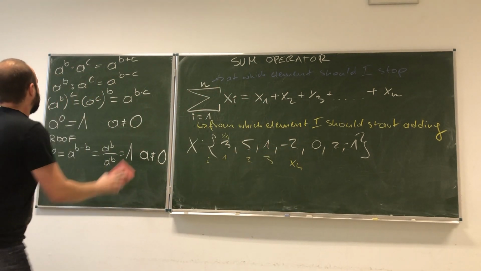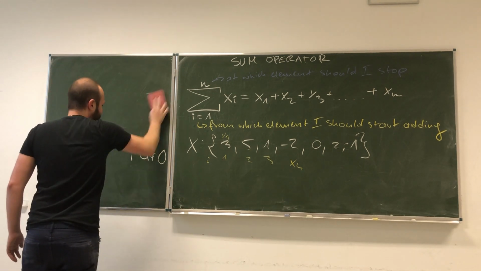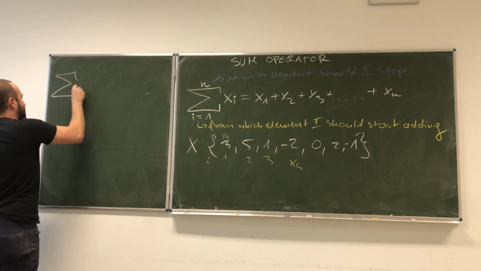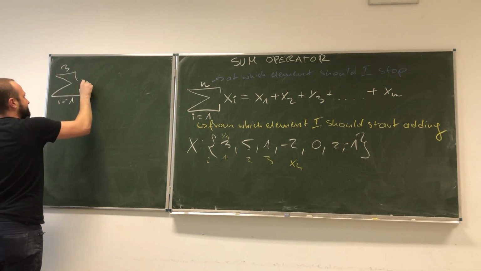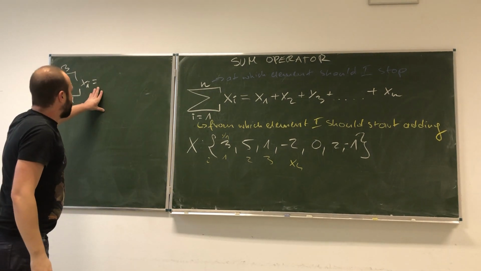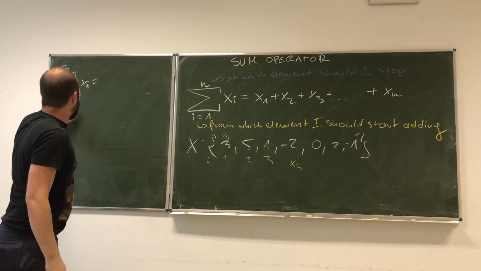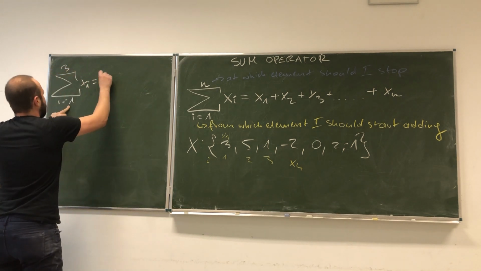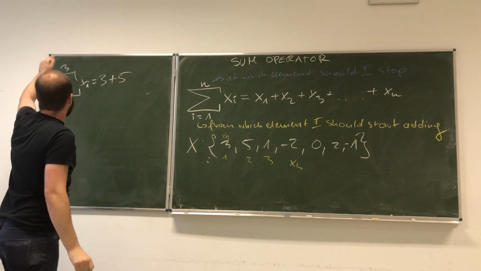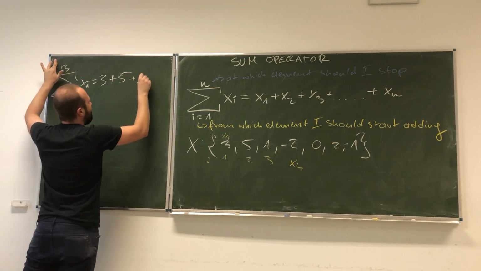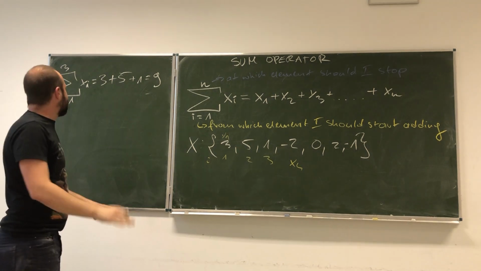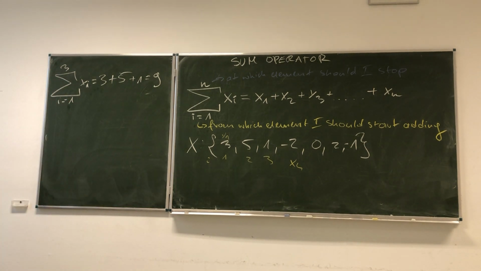So, now let's say I want you to calculate this expression. So I need to start with element number 1, which is 3, then add element number 2, which is 5, and I should stop at element number 3, which is 1, which gives 9. And look, basically this is it. If you understand this, this is how far you need to go.